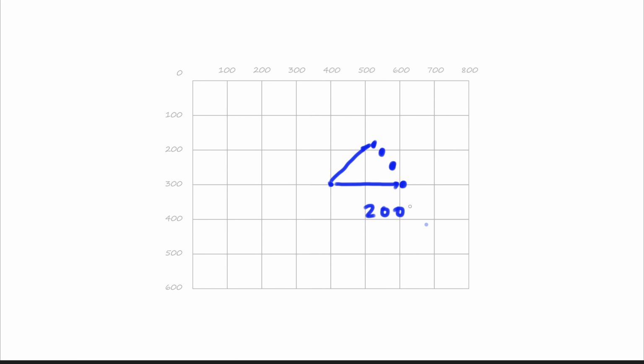Now what we're saying is, nope, we're going to change that distance as well. So when the angle is 0, the distance is 0. When the angle is, say, getting bigger, that distance is also getting bigger. So it might be something like that. So as well as the angle increasing, the distance increases.